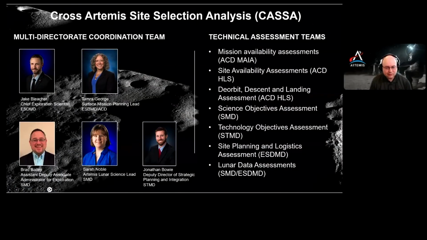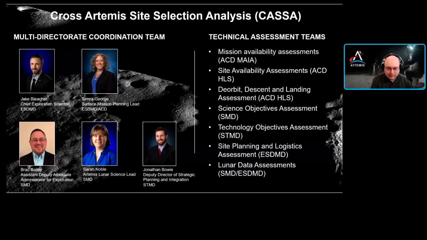Okay, so the group that's charged and chartered with providing recommendations to agency leadership about the regional and site selection is the Cross Artemis Site Selection Analysis Board group, which consists of our friend Jake Bleacher, Tamara George from ESDMD, Brad Bailey from SEO, Sarah Noble from PSD and SEO, the Artemis Lunar Science Lead, and our friend Jonathan Bowie from the Space Technology Mission Directorate.